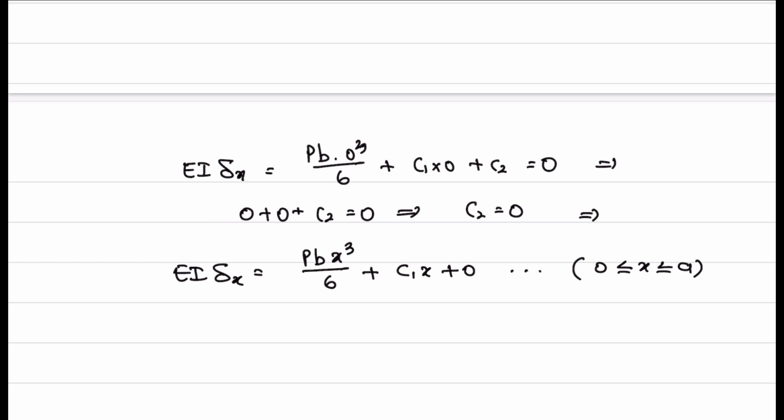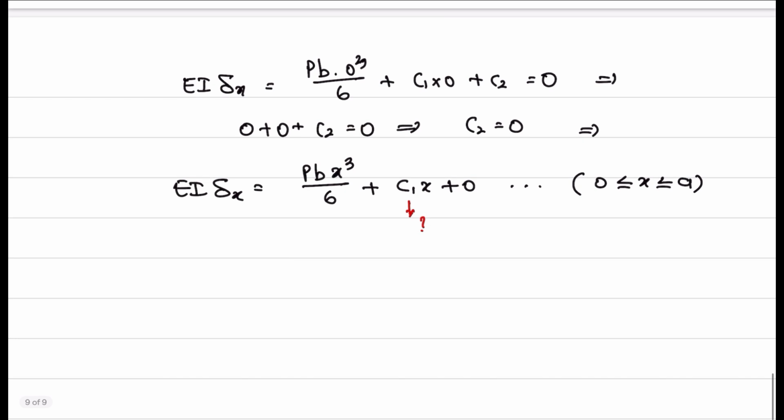Now, we are still unaware of the constant C1, but we have another constraint, another application, that delta is equal to 0 at A and at B also.